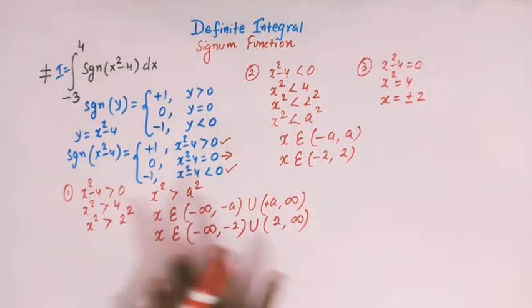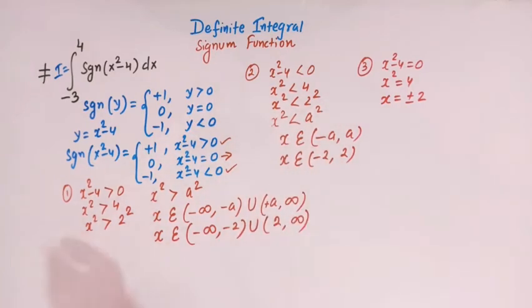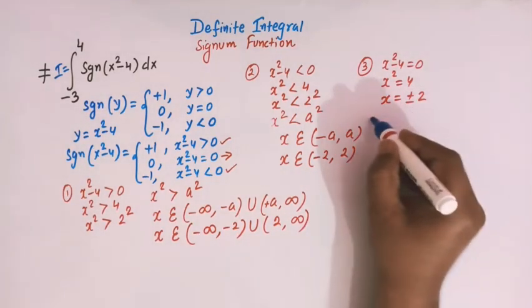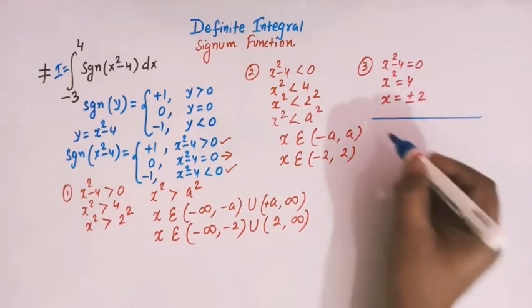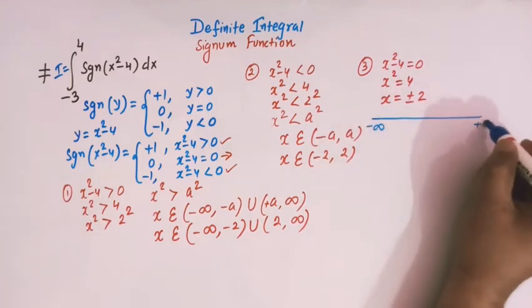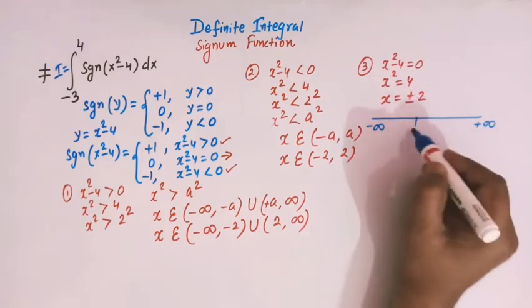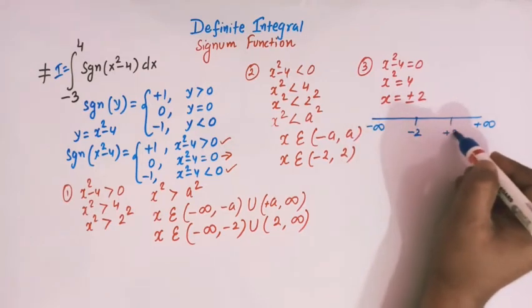This is how we have decided the intervals, and now let us plot these intervals on the number line. Here we have minus infinity, plus infinity, and two points, minus 2 and plus 2.